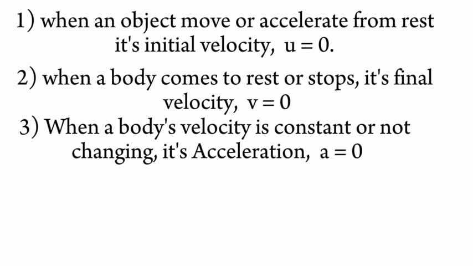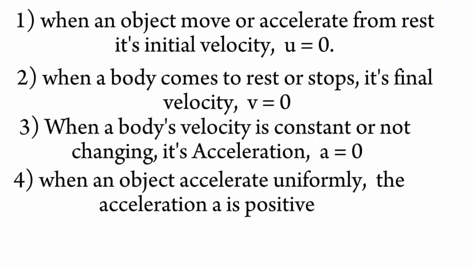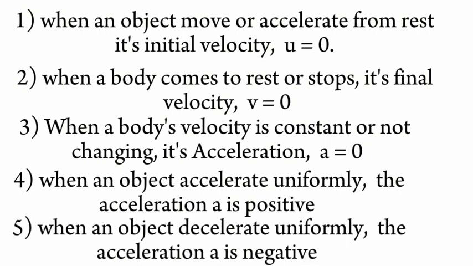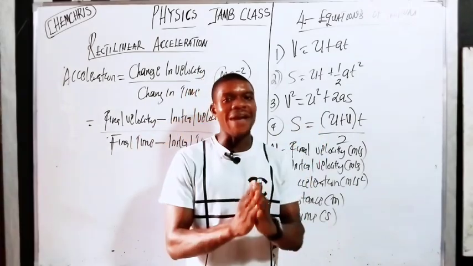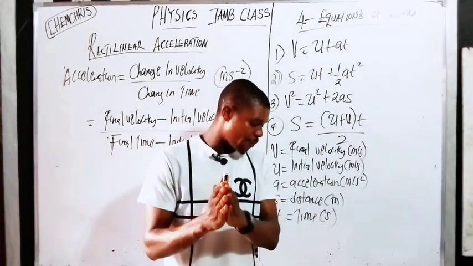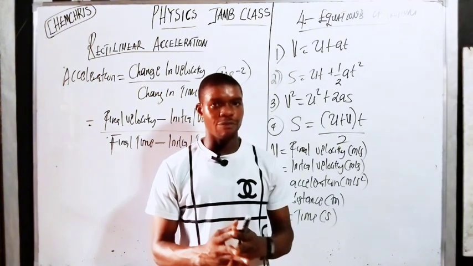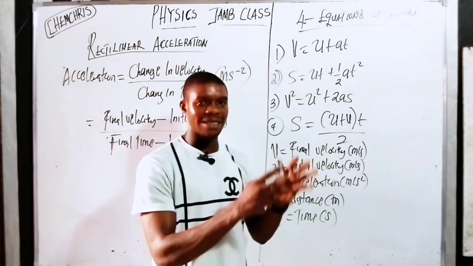Number three, when a body's velocity is constant or not changing, its acceleration is 0. Number four, when an object accelerates uniformly, the acceleration is positive. The last thing to take note of is that when an object decelerates uniformly, the acceleration a is negative. So these are the 5 things to take note of when you are solving problems under equations of motion. Let's take the first question.